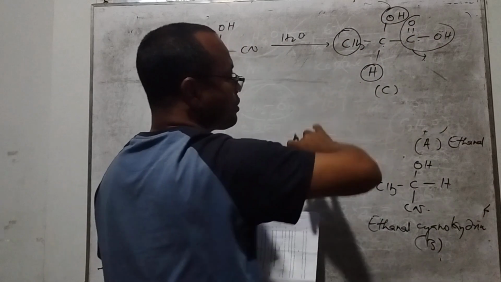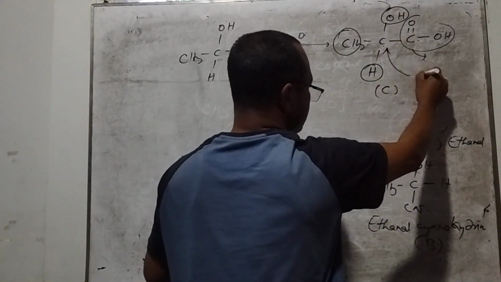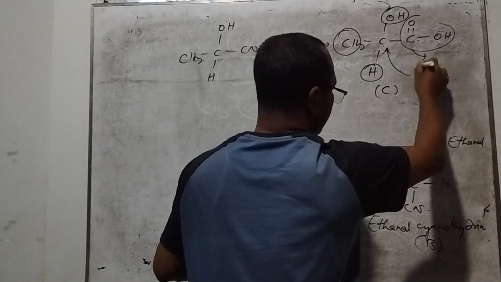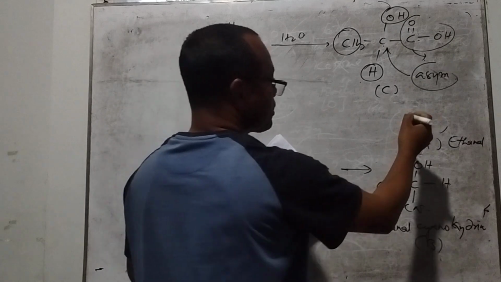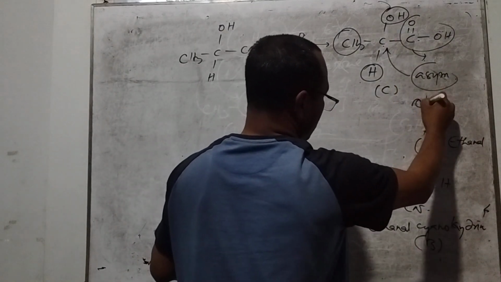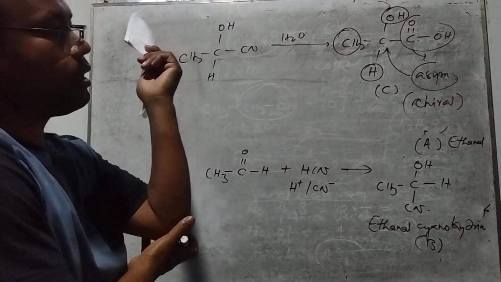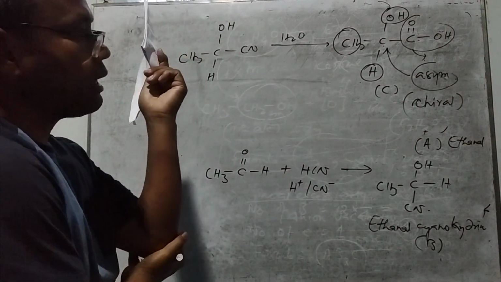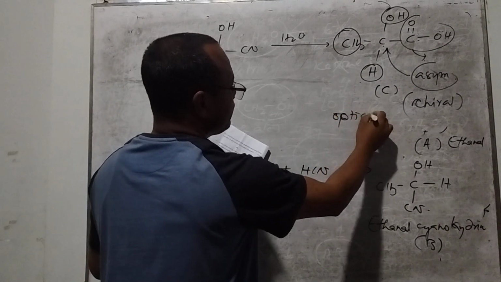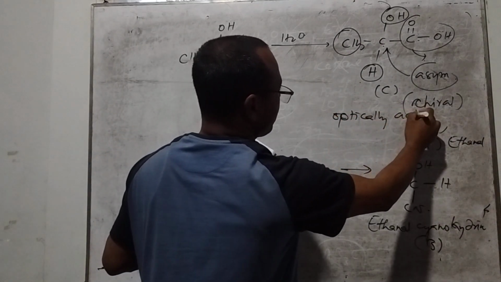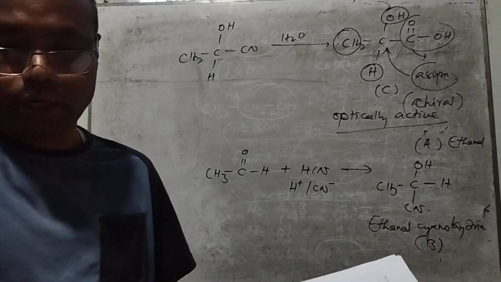All these 4 groups are different, so that carbon is called an asymmetric carbon, and the compound possesses chirality. This is the chiral carbon. A compound containing a chiral or asymmetric carbon is optically active. So these are the keys of this question.